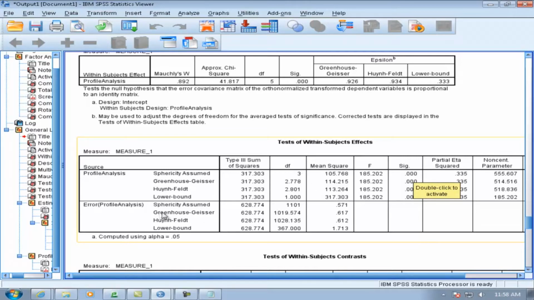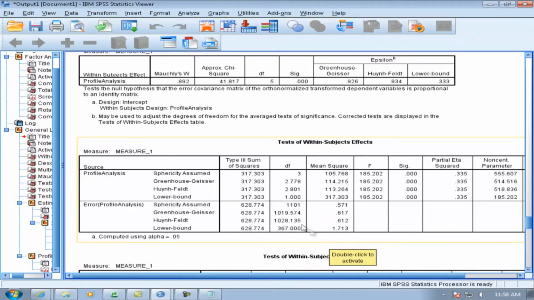And for the error term, which is actually a quote unquote error term because it's an interaction, do you see the degrees of freedom would be what? 1101. Now go back up here. Do you see this was 3 when we could assume it? The Greenhouse-Geisser would be 2.77, Huynh-Feldt would be 2.8, and lower bound would go from 3 to 1.